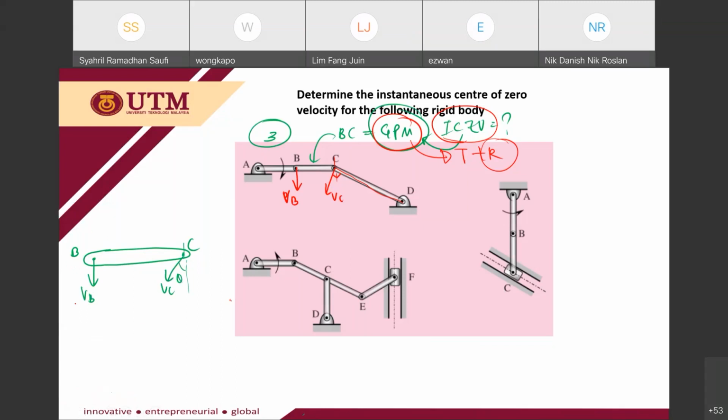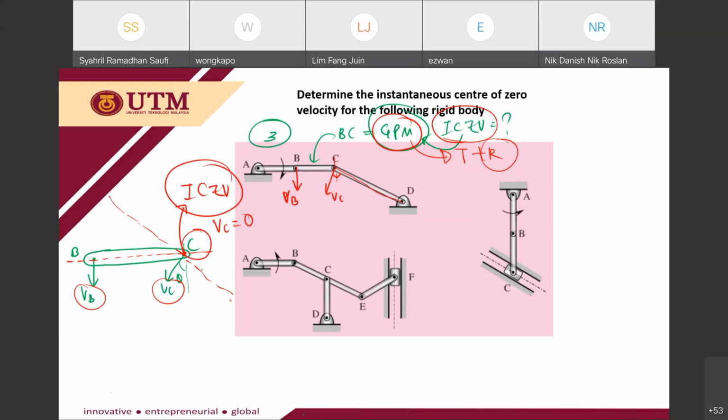So if I draw the perpendicular line from both velocities, from VB, this is my perpendicular line, and then for VC, this is my perpendicular line. So where is this intersection point? Point C. Yes. So for this case, point C is actually your ICZV, instantaneous center of zero velocity, at point C. So at this center, you will notice that VC is actually equal to 0.